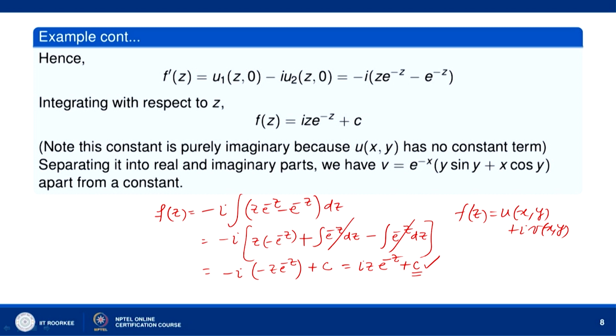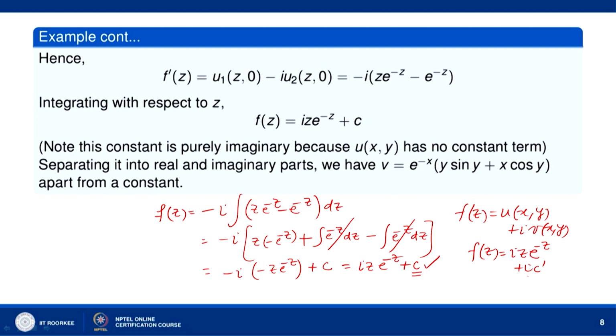So, we can write this c as some I times another constant. Okay. So, we have f z equal to I z times e to the power minus z plus some constant I times c dash. Okay. So, this is how we get the corresponding analytic function f z.